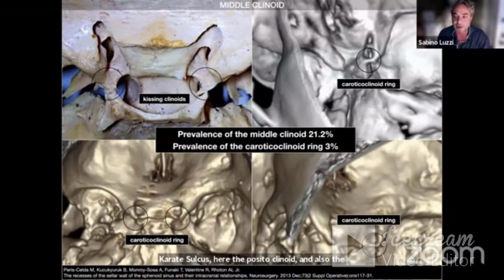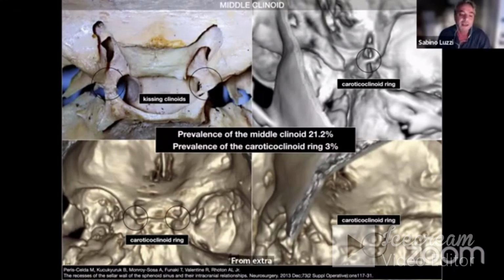Don't ever forget the fact that in 22% of cases we can also have a middle clinoid process, and we have to keep in mind the relationship between the intracranial side and the extracranial side of the middle clinoid process, because the existence of a middle clinoid process can be very challenging when we perform anterior clinoidectomy from a transcranial route, obviously in most of the cases.